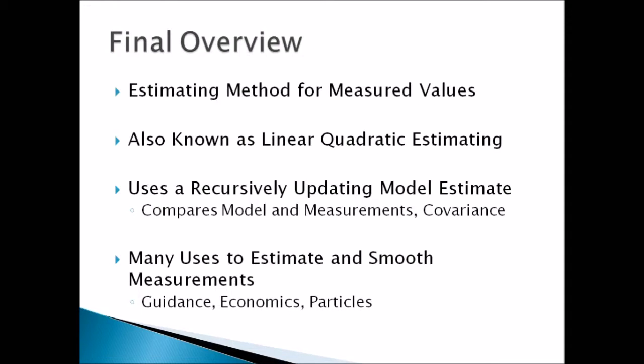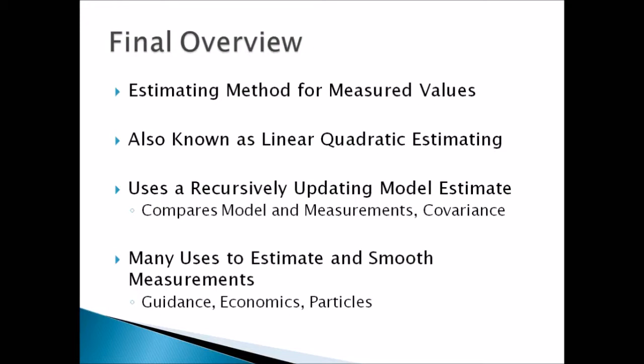Another name for it is linear quadratic estimating, and generally Kalman is given most of the credit for creating this, hence the name Kalman filtering. Some other people had various contributions. That's why sometimes it'll be referred to as Kalman-Bucy filter.